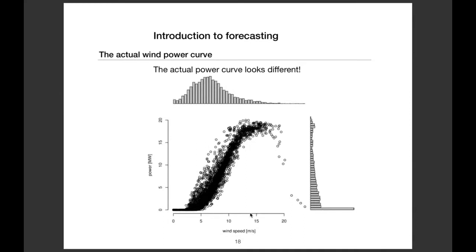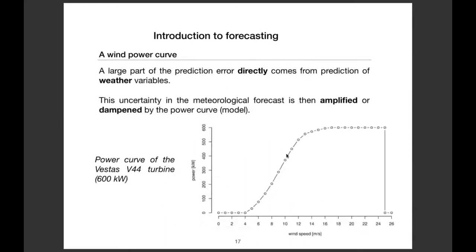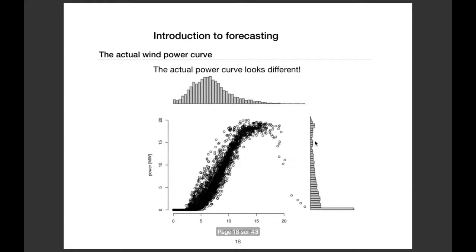And there is something else here. So it is a theoretical power curve, but the actual wind power curve is different. And in reality, it is more something like that. So you can see that for the same wind speed, you will not have always the same power, because it does not depend only on the wind speed. It depends also on other factors.